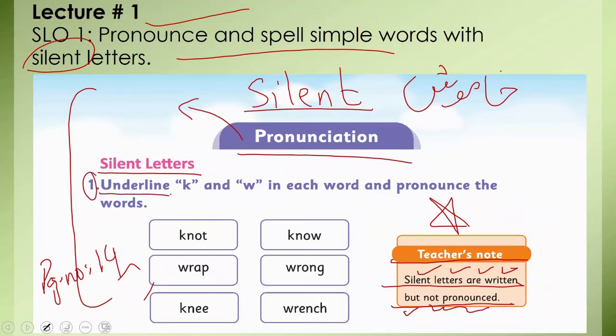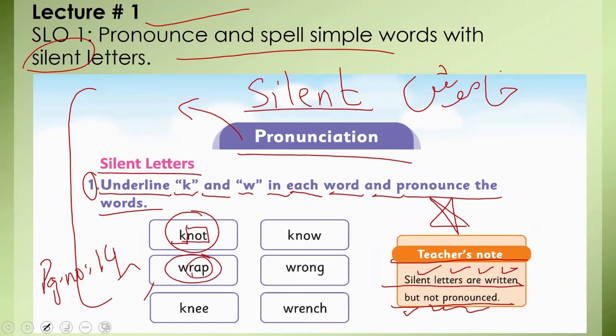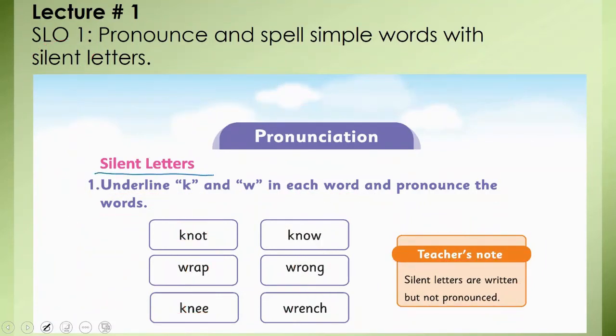Pronunciation means the way we say those words. Question 1. Underline k and w in each word and pronounce the words. As you can see, there is a k in it, but this will be pronounced only as not. Wrap, knee, no, wrong, wrench. I'll repeat again.